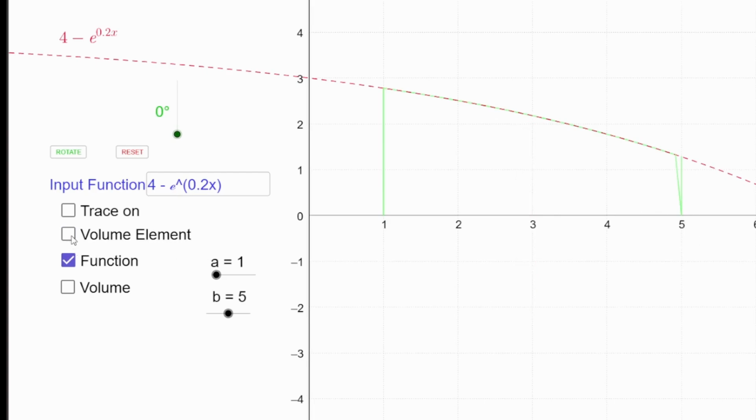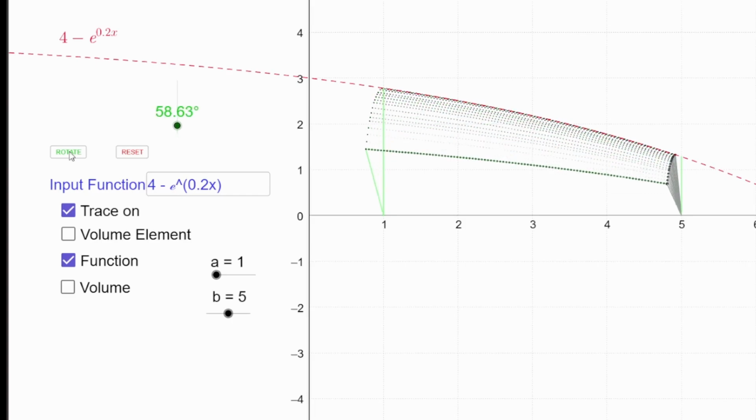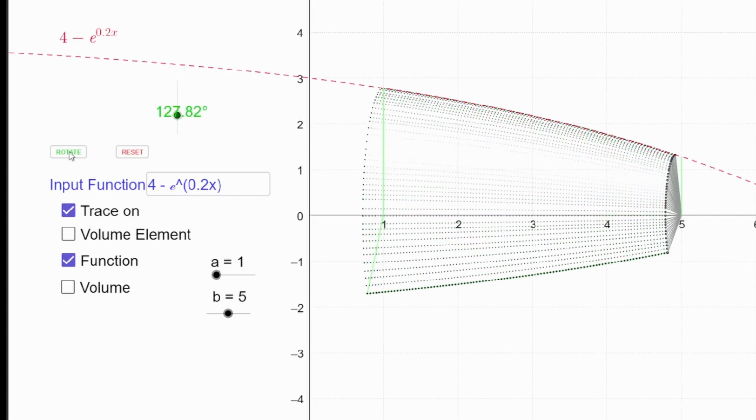I'm going to remove that volume element, put a trace between our two limits along the curve, and rotate this set of points around the x-axis by 360 degrees, generating the solid whose volume we're trying to find using volume of revolution integration.